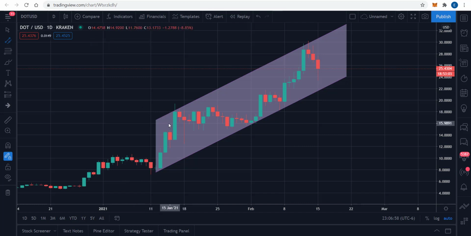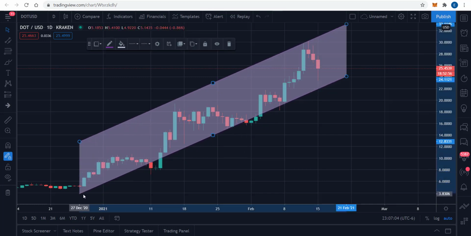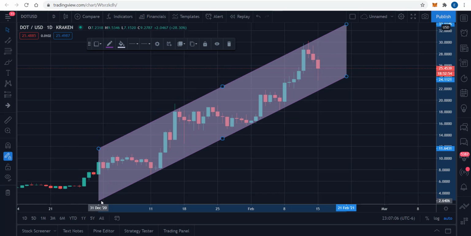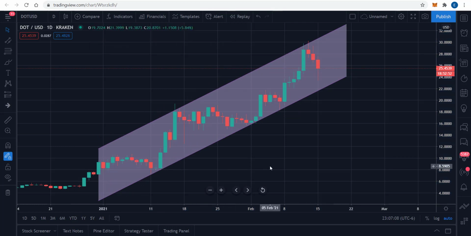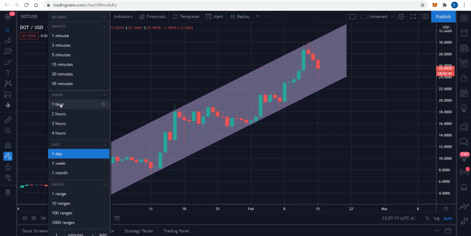So we are not completely done here. Let's see. Yeah, that to me on the daily chart still looks like an upward move. I would expect any momentary pullbacks to be just that, momentary.